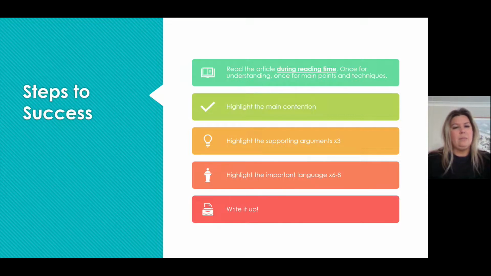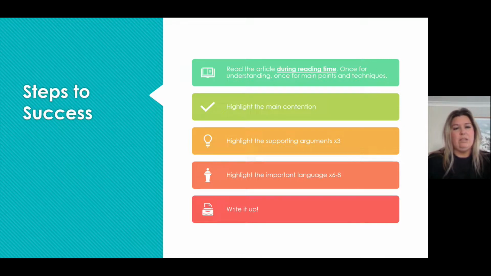Once you are able to pick up a pen and a highlighter in writing time, it's important to make a couple of notes before you begin writing Section C. Highlight or label the main contention. What are the supporting arguments and where do they appear? Try to find three or more; you need to be really flexible, and it depends on the depth and number of arguments presented.